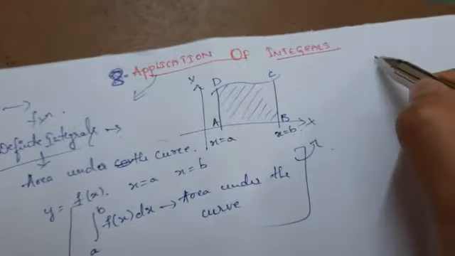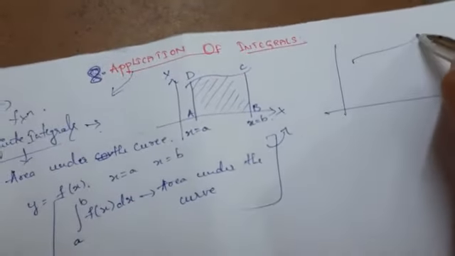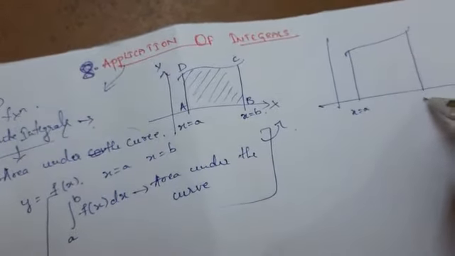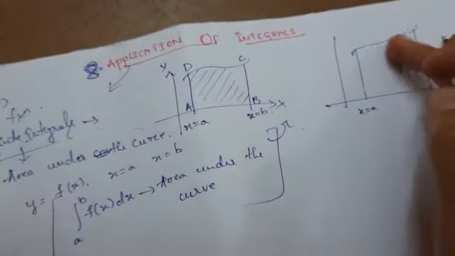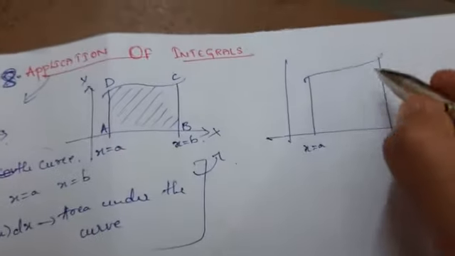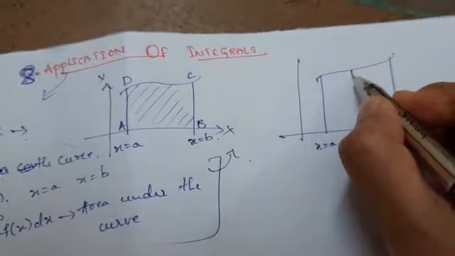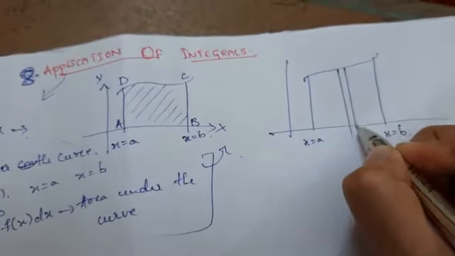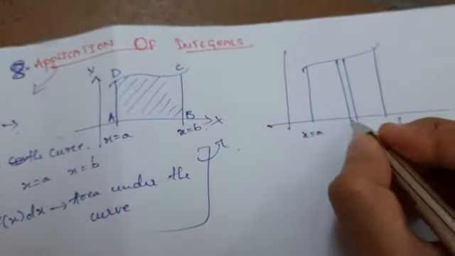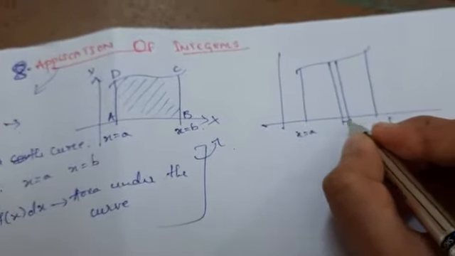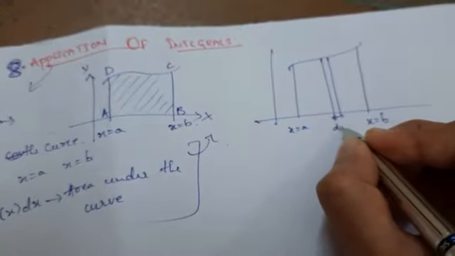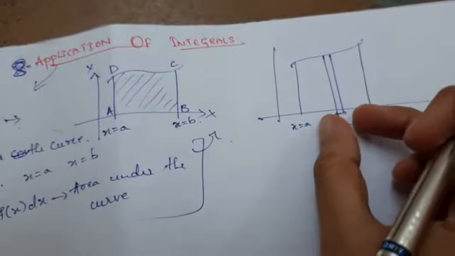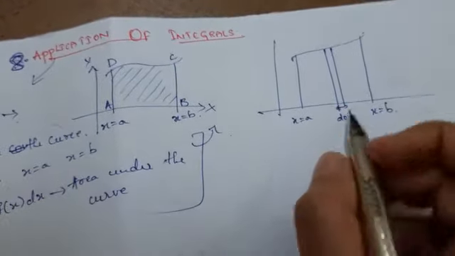So I have considered this curve, and I call this x is equal to a and x is equal to b. If I need to find this area, how are we going to find it? Suppose I consider a very small strip, so small that its width is nothing but dx. I am calling the width of this vertical strip dx.